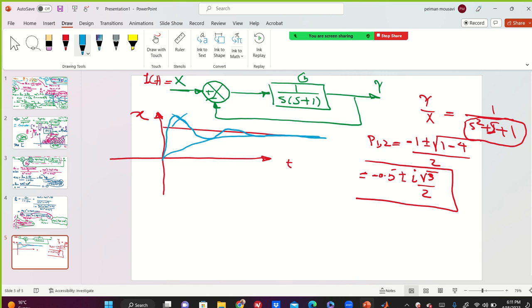See what I'm saying? Because if this is a robot and I want to go from here to here, I don't want it to overshoot and oscillate and then stop. Why? Because maybe there is an obstacle that it's going to damage.